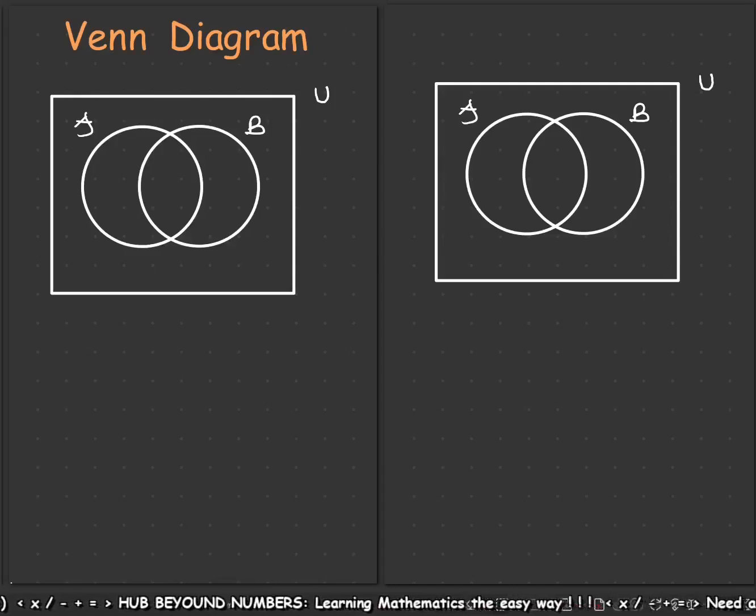Now, in this session, we are on Venn diagrams, and we'll be looking at how to solve word problems relating to Venn diagrams. Without much ado, let's quickly look into it. To solve Venn diagram problems, there are two formulas we'll be looking at.